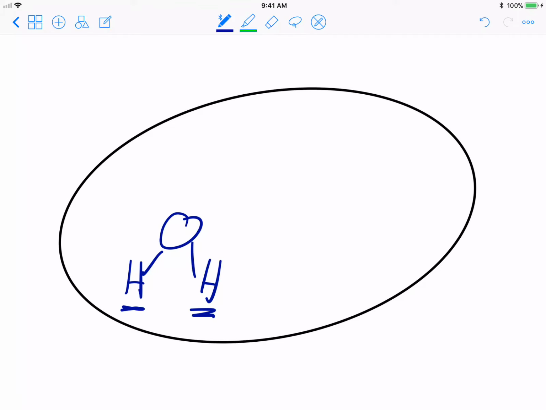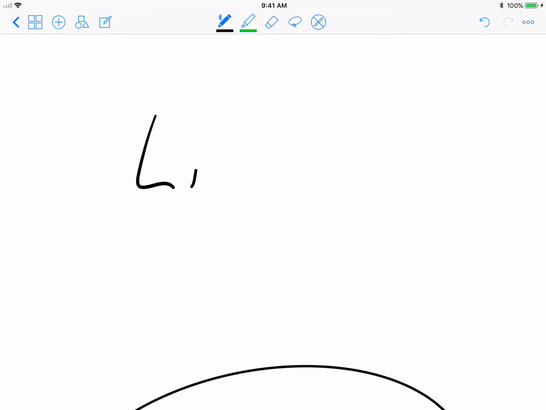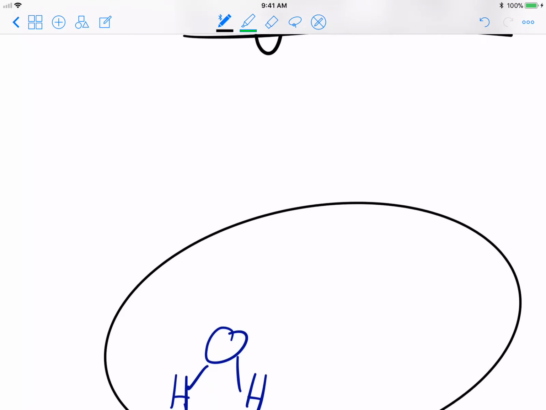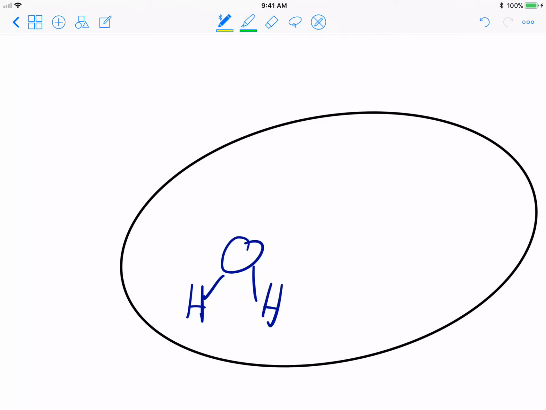There's our two H's and our O. Okay? Now, this section, I guess I should mention, is what's called the light phase of photosynthesis. The reason this is called the light phase is because this is the phase in which light is used. Okay? During this phase, light comes down and reacts with water.